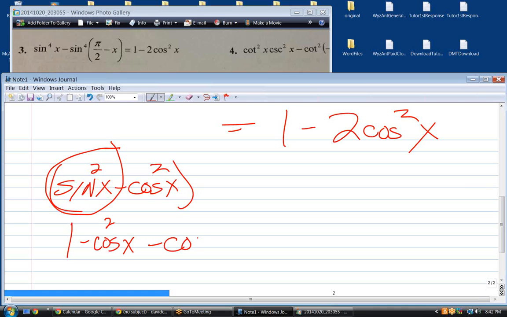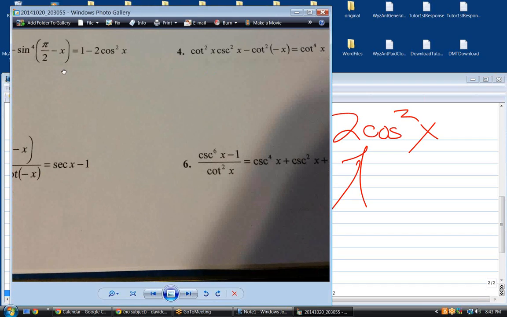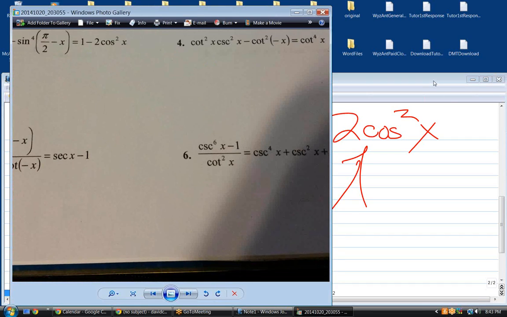Minus another cosine squared gives you 1 minus 2 cosine squareds. Okay, so you're definitely getting a little harder.